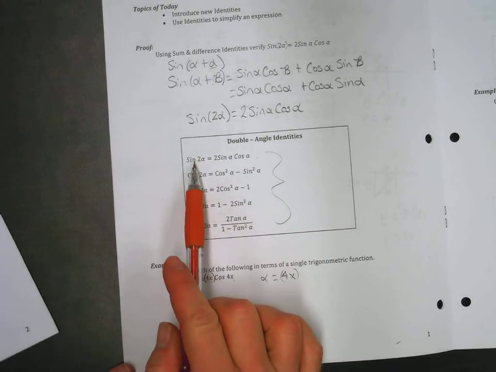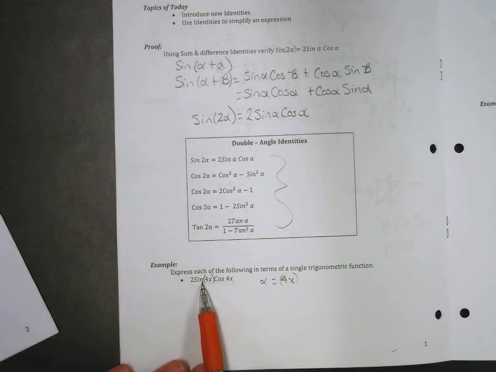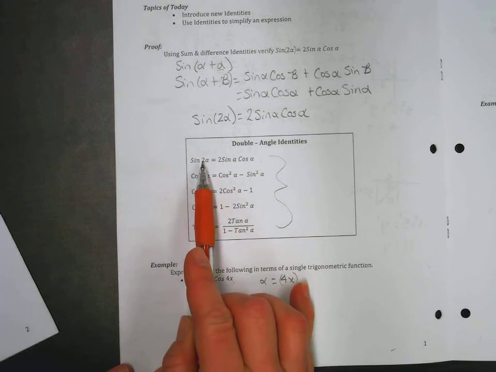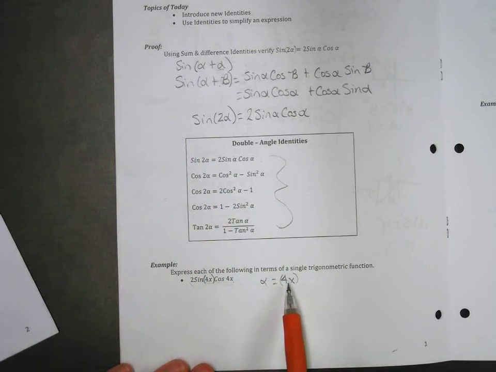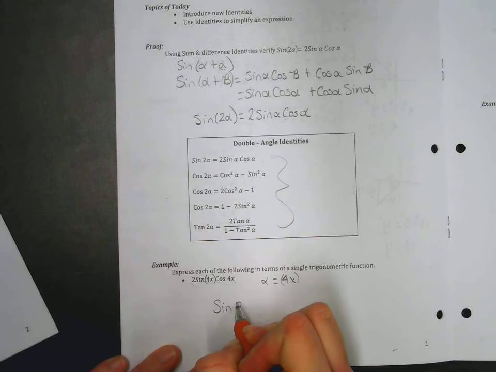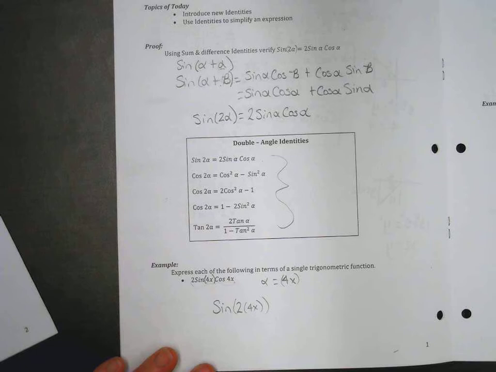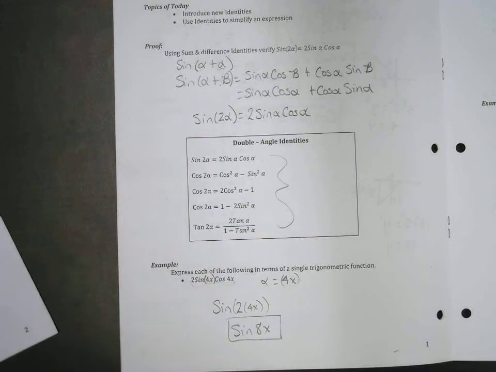Using my double angle identity, 2 sine alpha cos alpha, I could rewrite this to be sine of 2 times whatever alpha is, in this case 4x. So this would be sine of 2 times 4x. So we'd be left with just sine of 8x. Okay, so there is our single trig function.